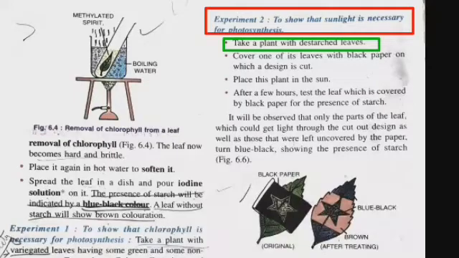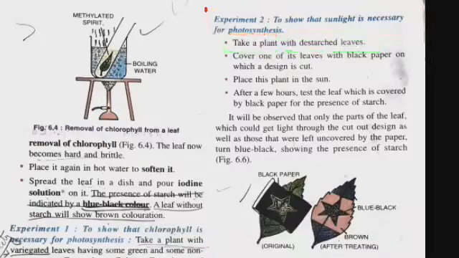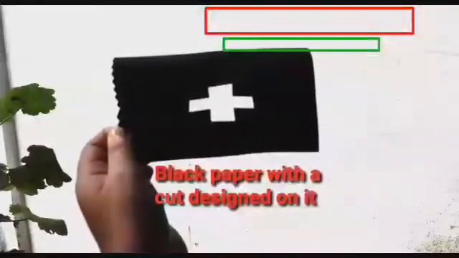Now, please remember that we have to do something a little extra compared to the previous experiment. We have to take a complete black paper, or a black paper with a cut design on it, as I have shown here. Any design you can make, but we have to cut that design. Next, after destarching the leaf, we have to take the plant outside in the sunlight.